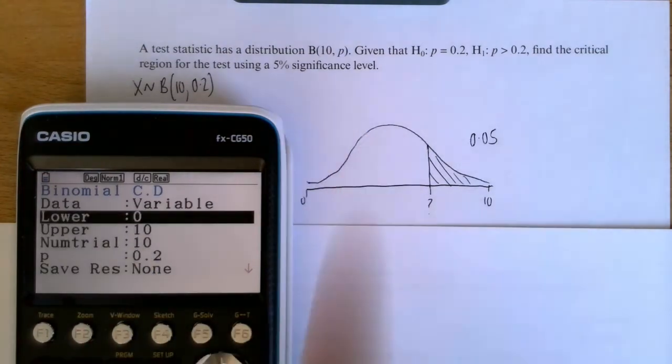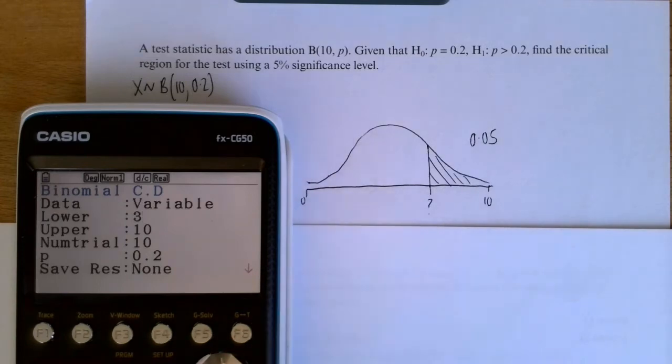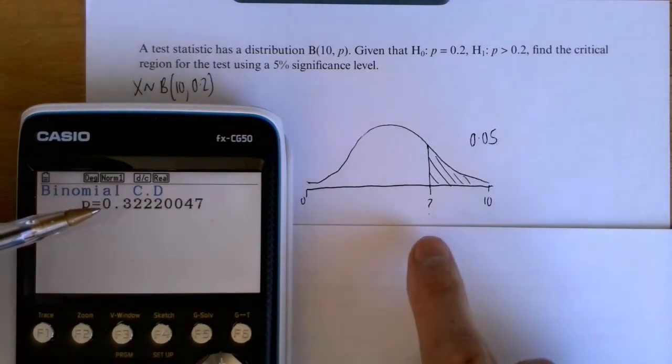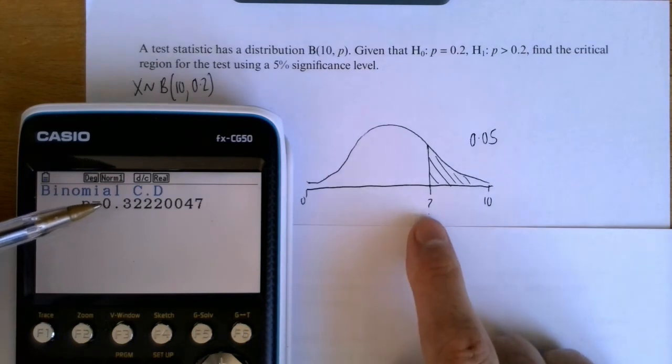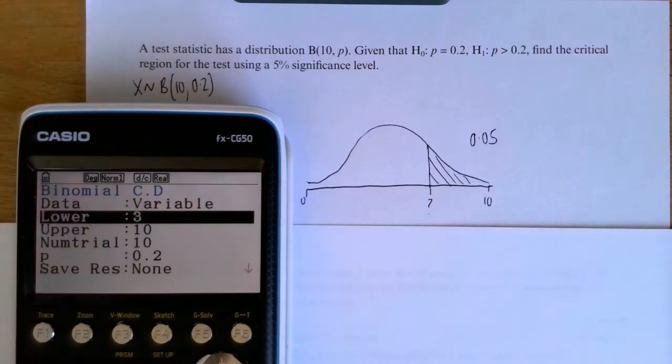So I know the peak is at 2, so let's try 3. So from 3 to 10, is this value 3? Well, no, that's quite a big probability, isn't it? So that wouldn't be suspicious. So this critical value has to be bigger than 3. So let's try 4. What if it's 4?